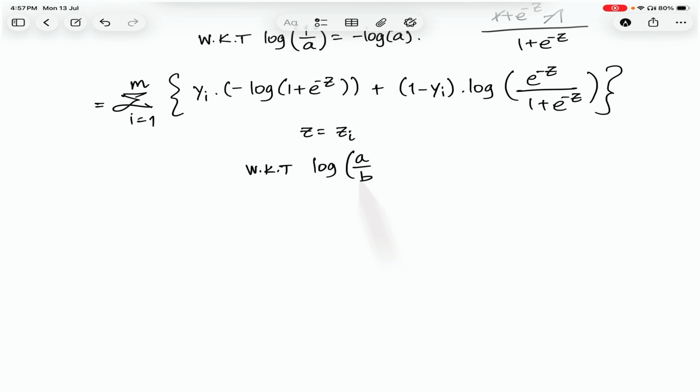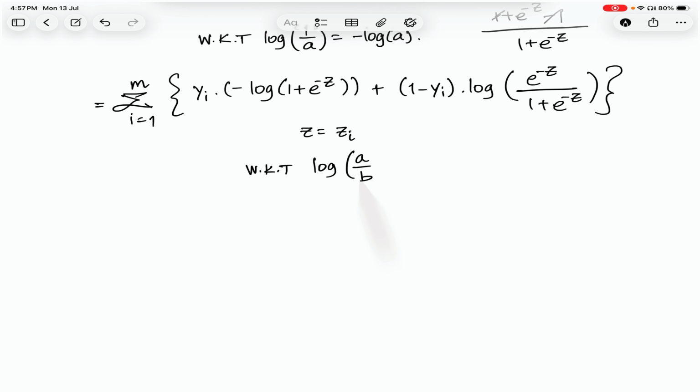So you see that this term and this term seem to be cancelling out each other. So this is the minus, this is the plus, resulting in a 0. And let's get back to this.